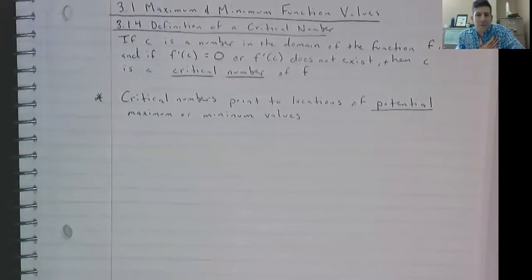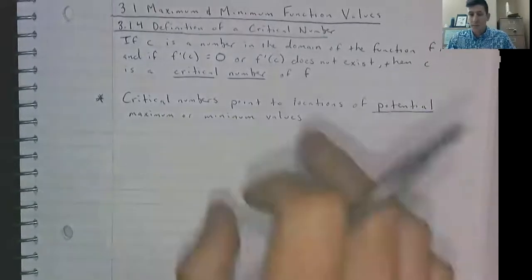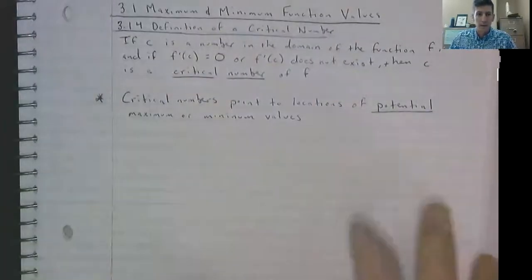But I think relative max and mins are important to define, if for no other reason than when we get to the absolute maximum or minimum value at the end of this section. The discrepancy between the relative min being on an open interval and the absolute min being on a closed interval, that will come up time and time again on your AP test. So I think maybe with that view of things, we will return to the beginning. So we start in the middle, we're going back to the beginning, and then we're going to tie stuff together.